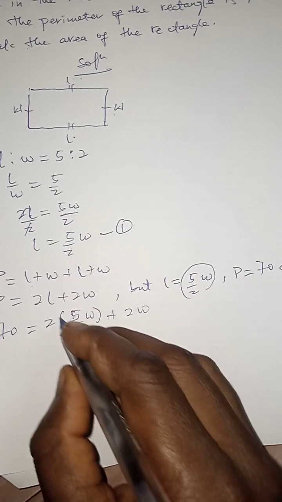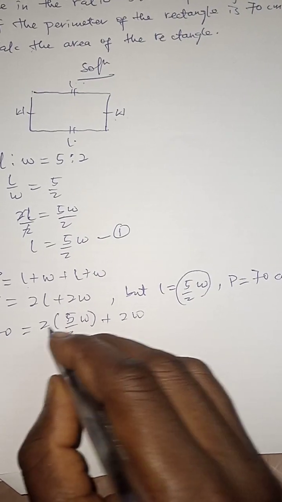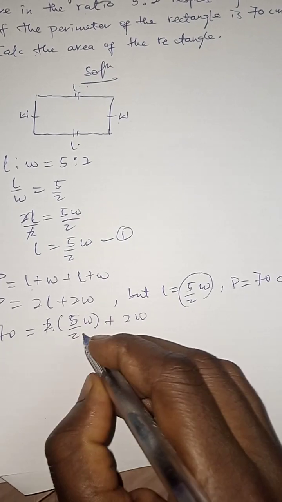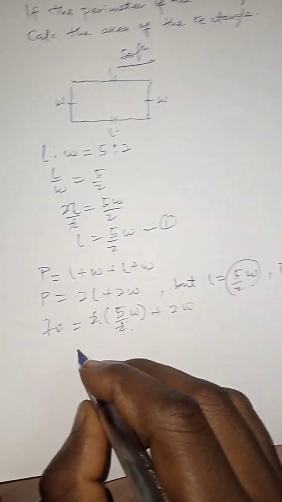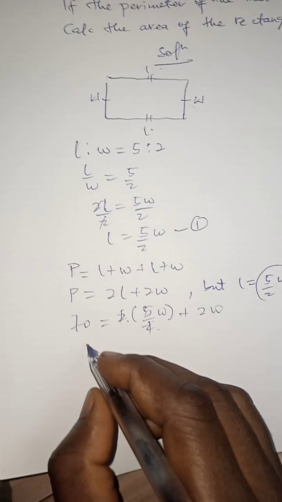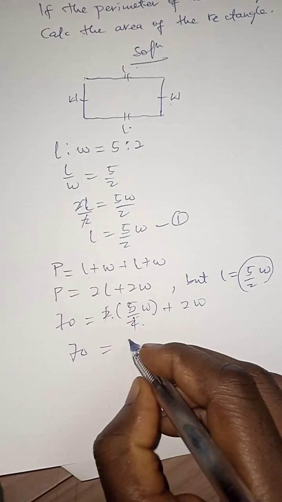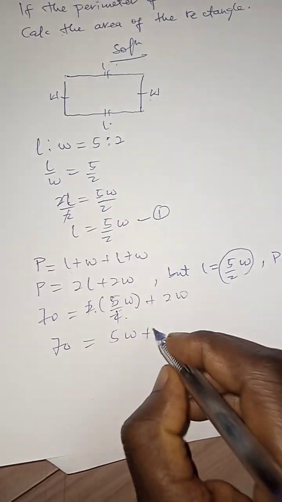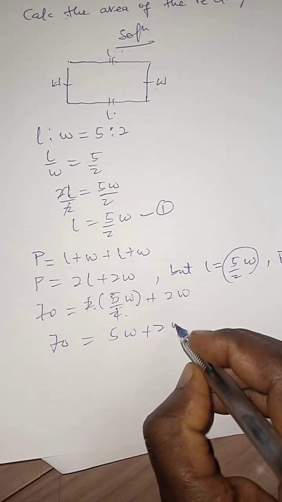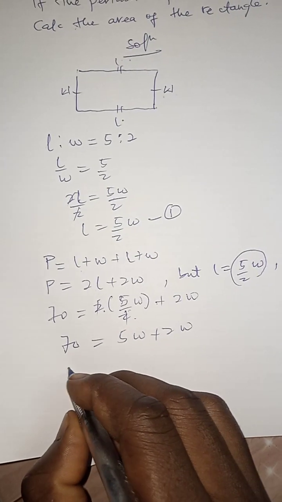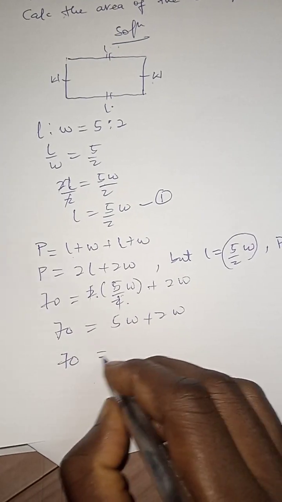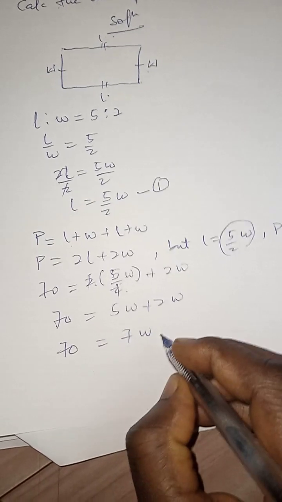Since this one is a numerator and this one is a denominator, they cancel themselves, and then we have 70 equal to 5W plus 2W. So this simplifies to 70 is equal to 7W.